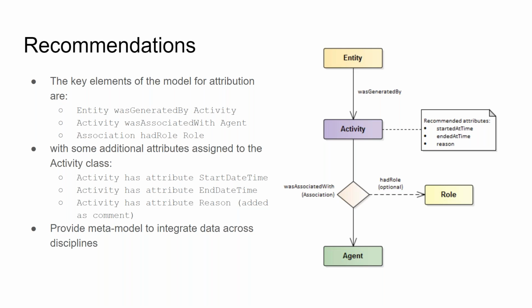Most disciplines don't use the provenance ontology or any real standard at all for attributing curation or collections activities. So what we're hoping is that this can fill in the gaps for disciplines that have no standard, or for disciplines that do have a standard, by mapping that standard to this model. And then you can bridge and integrate data across disciplines.